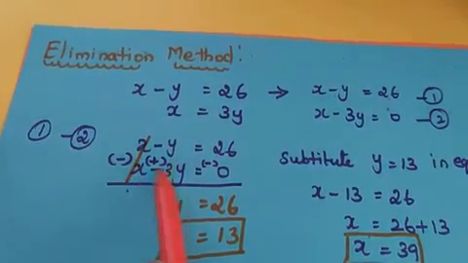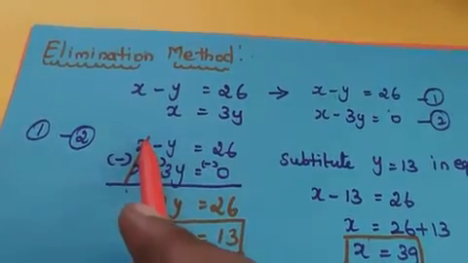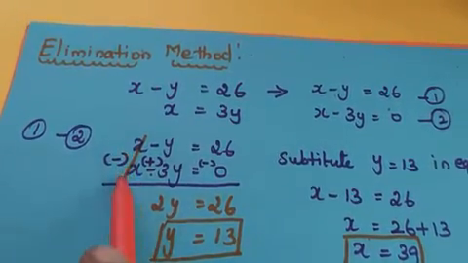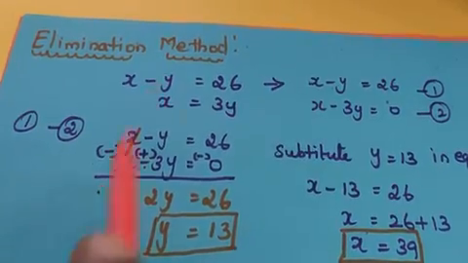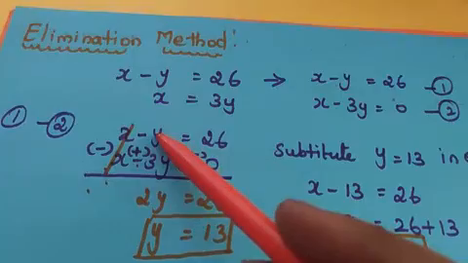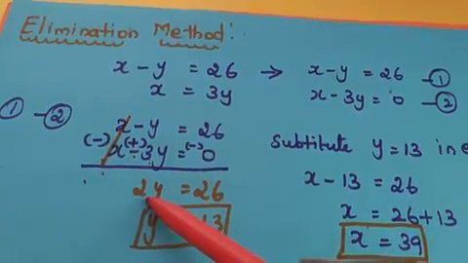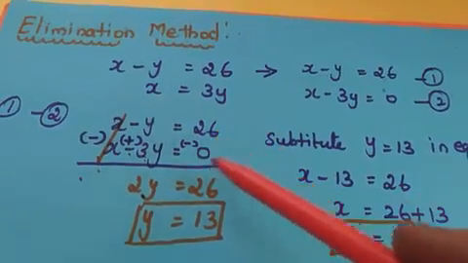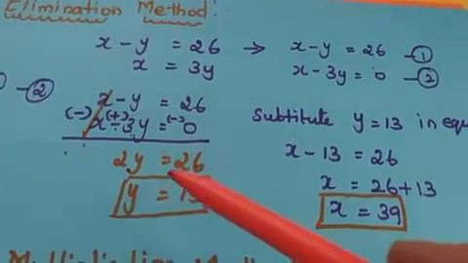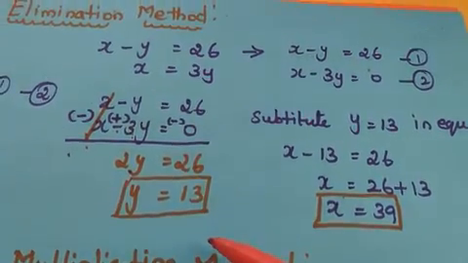So this minus becomes plus, equals 0, right? This x is eliminated, x minus x becomes 0. Now what is left is minus 1y plus 3y, which is 2y, and this is 26. So 2y is 26 means y becomes 13.